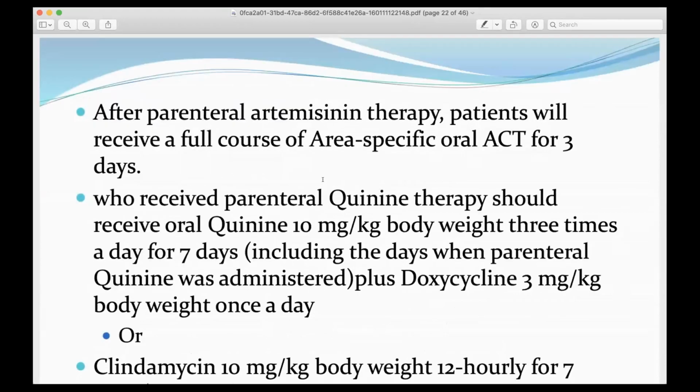After parenteral therapy, the patient will receive a full course of oral artesunate combination therapy for 3 days. Those who receive parenteral quinine therapy should receive oral quinine 10 milligram per kg body weight 3 times a day for 7 days.